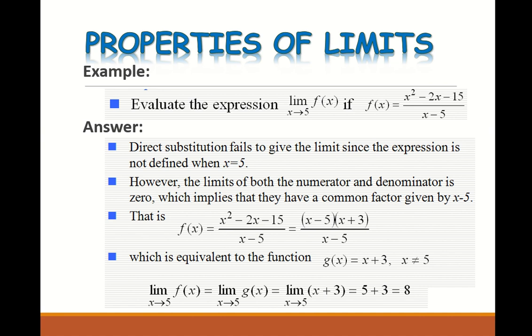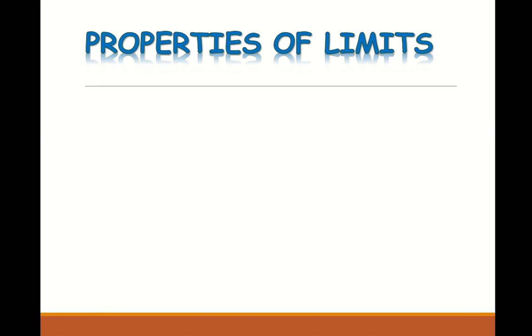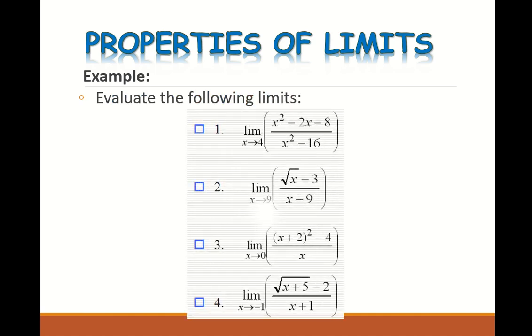And there are some cases where you need to apply your skills about the conjugate. Multiply both numerator and denominator by the conjugate, if you're given a rational function. Okay? Now another example.